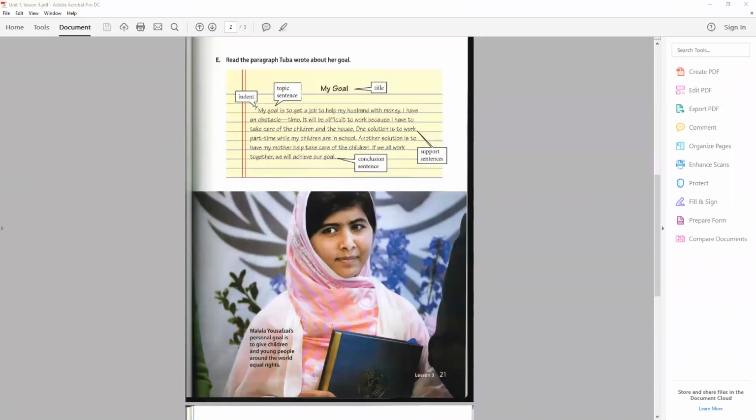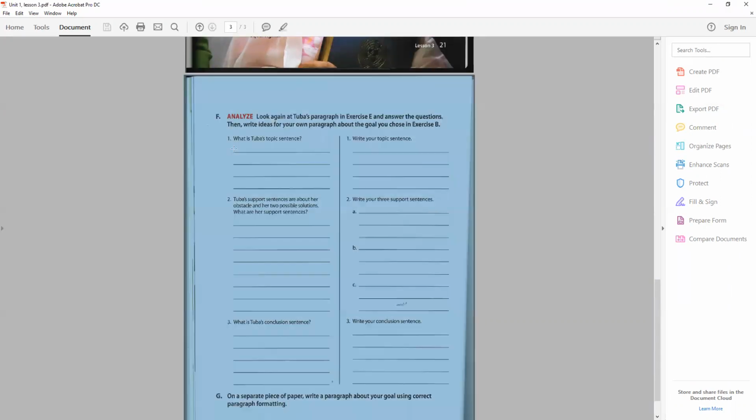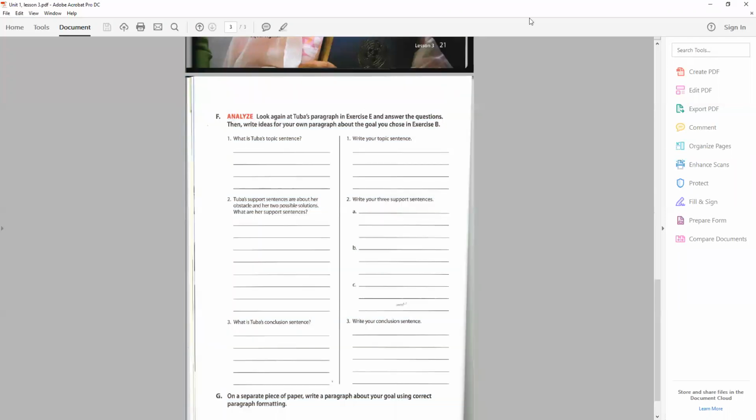Her topic sentence is, my goal is to get a job to help my husband with money. So right here, you're going to go ahead and write that down. My goal is to get a job to help my husband with money.